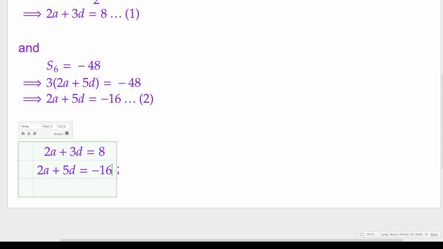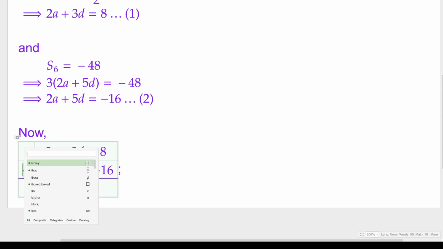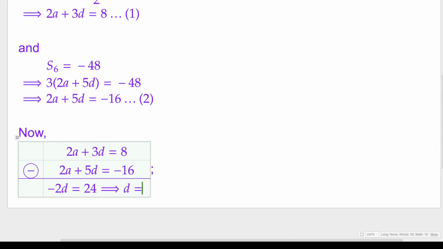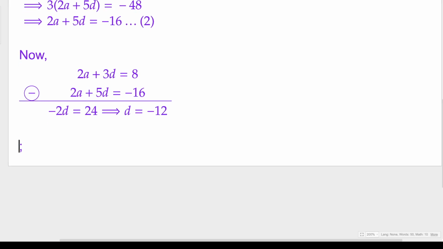On performing the subtraction, the 2a term gets cancelled, so minus 2 times d is equal to 24, and this further implies that d is equal to negative 12. So the common difference is negative 12.